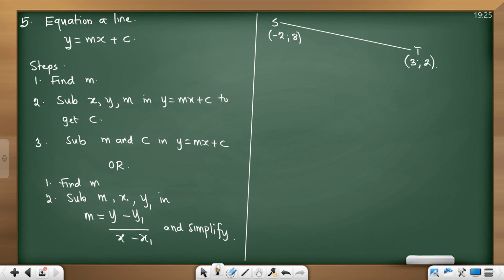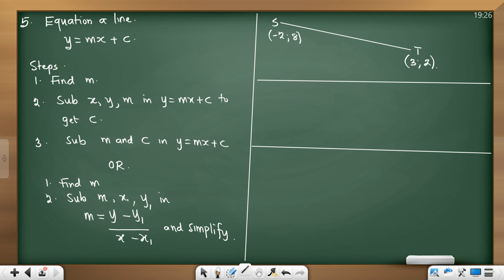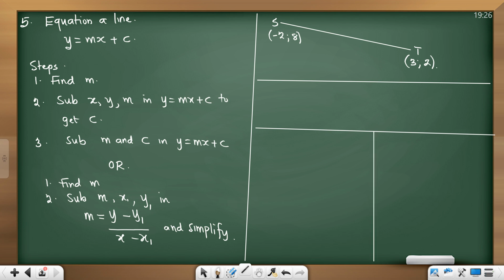Whatever we did in grade 10 is the same, so I'm just reminding you guys of what we did. Let's follow the steps. We are going to do both methods, method 1 and method 2. But in both methods, gradient is the same. We have to find gradient. So I'm doing that. That is common. And then I'll break into method 1 and method 2.